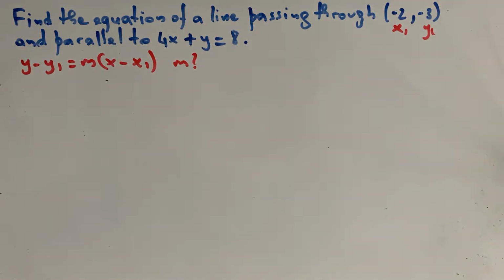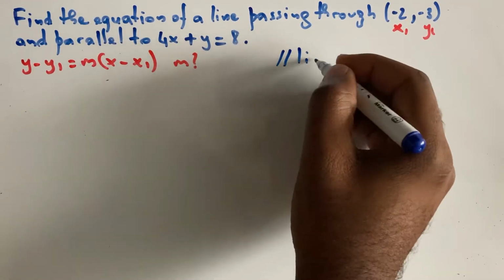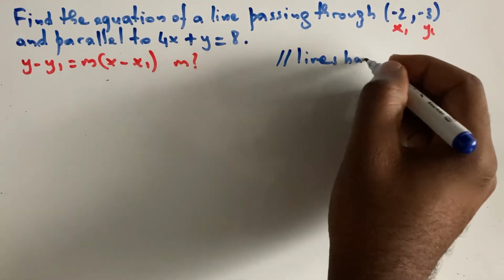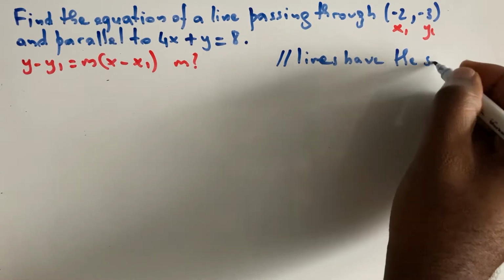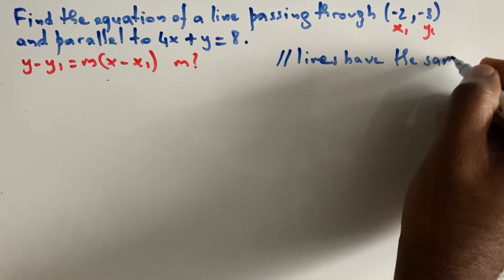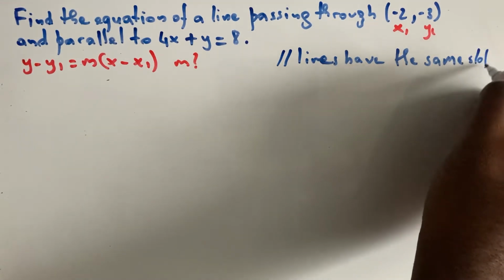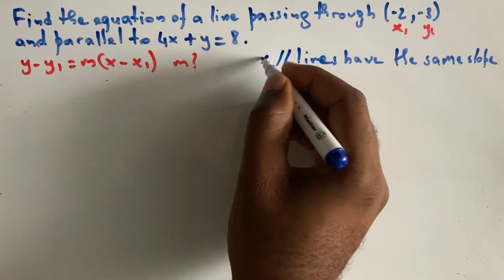When two lines are parallel, this is one thing to know: they have the same slope. Parallel lines have the same slope.